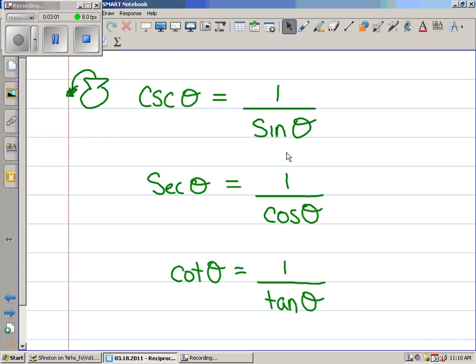Your calculator does not have a secant, cosecant, or cotangent button. But you can use this idea when you want to use your calculator to answer questions that involve these functions. And we'll get to them later on. Don't worry about it. But just know, this also has to be on command. Secant theta, immediately, 1 divided by the cosine of theta.